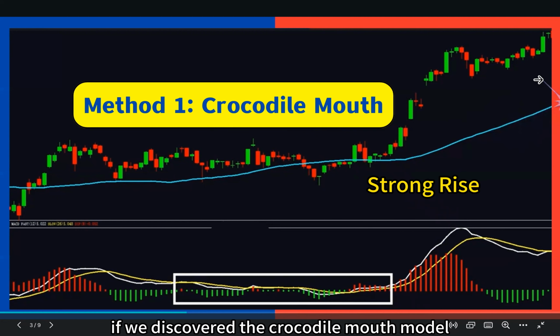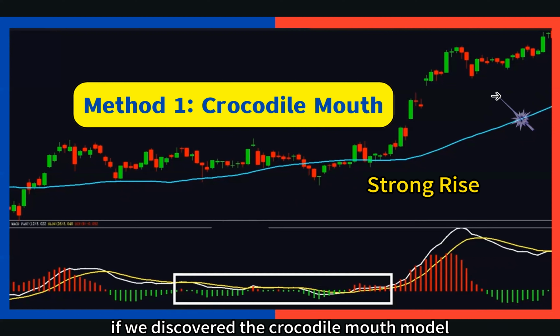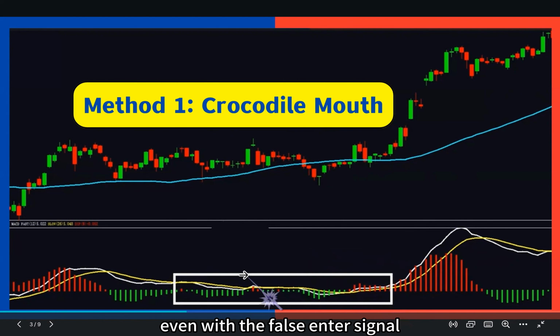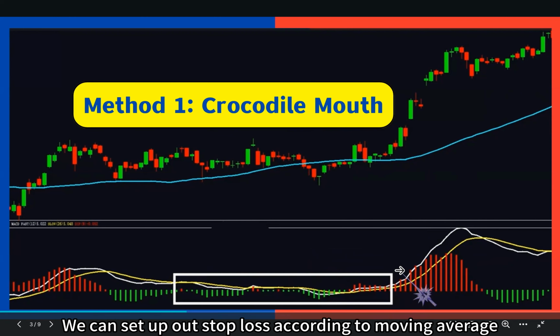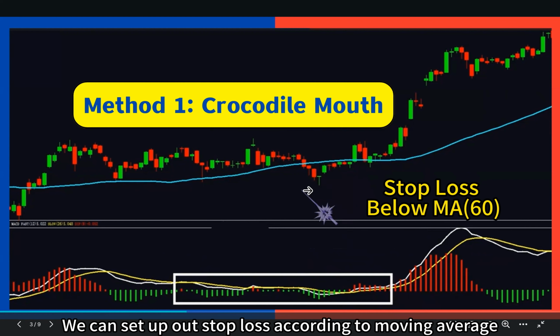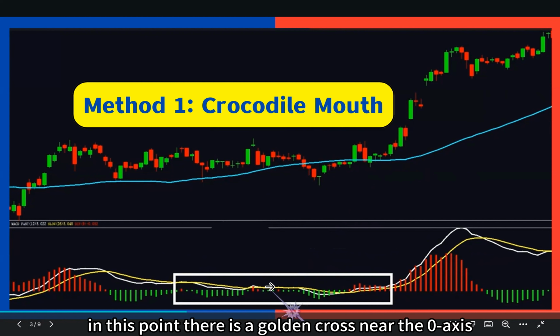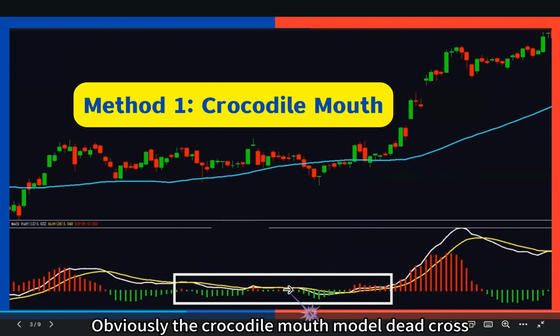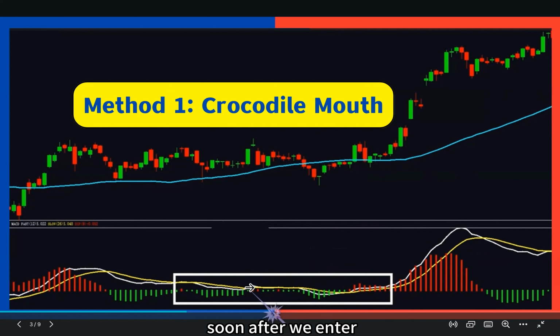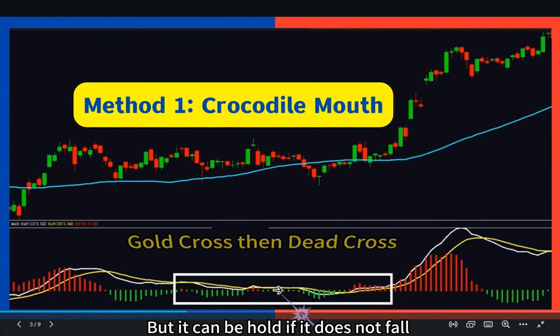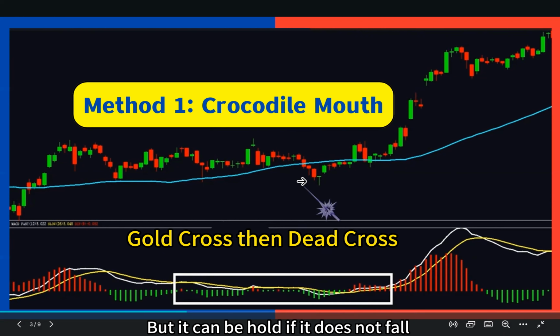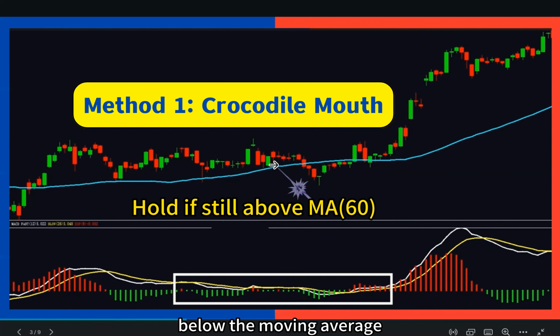This is to say, if we discover the crocodile mouth model, even with false entry signals, we can set up a stop loss according to the moving average. What does that mean? For example, at this point, there is a golden cross near the zero axis. Obviously, the crocodile mouth model dead cross appears soon after we enter, but we can hold if it does not fall below the moving average.